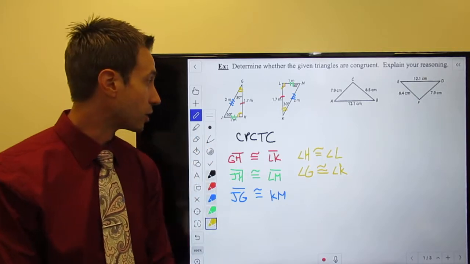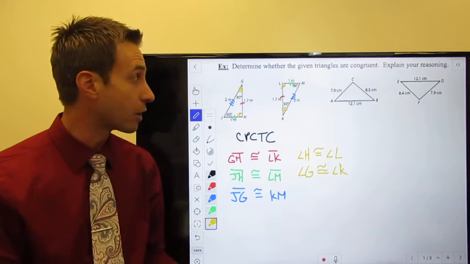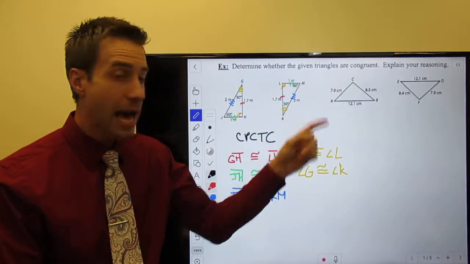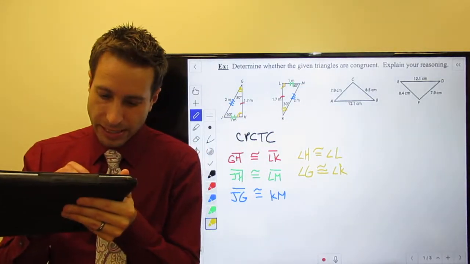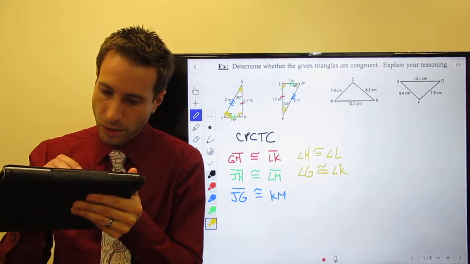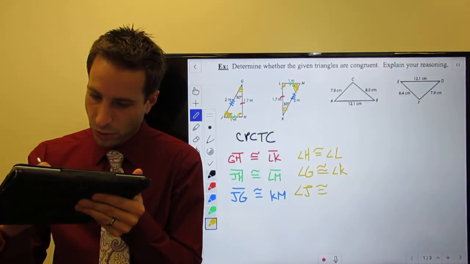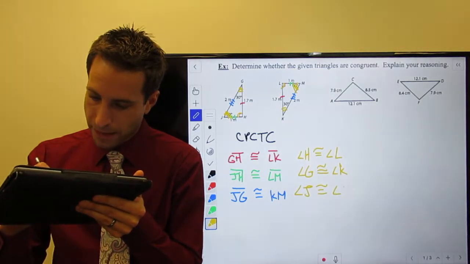One more angle to go. Right here, J is 60. Its corresponding angle in my other triangle is M, which is also 60. And so just like that, I see that angle J is congruent to angle M.